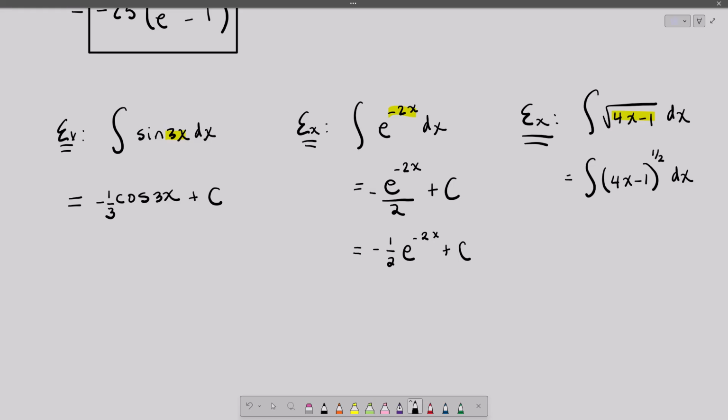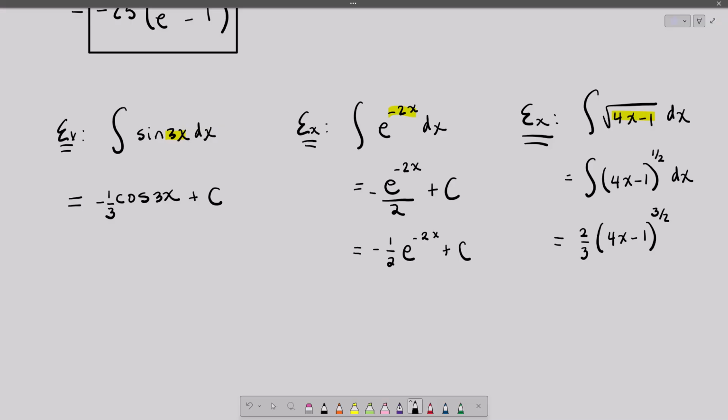That's the power rule for integration. The substitution we could use is u equals 4x minus 1, but this is linear, so we're just going to add 1 to the exponent. So we get 3/2. Divide by 3/2. That gives us 2/3. So that's the power rule part of it.